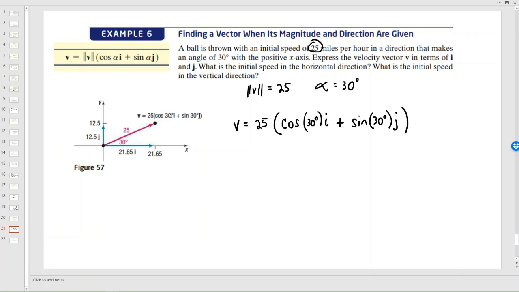So let's go ahead and get these values plugged in here. We're going to have 25 times, so remember our cosine of 30 degrees is going to be the square root of 3 over 2. And then our sine of 30 degrees is going to be 1/2.